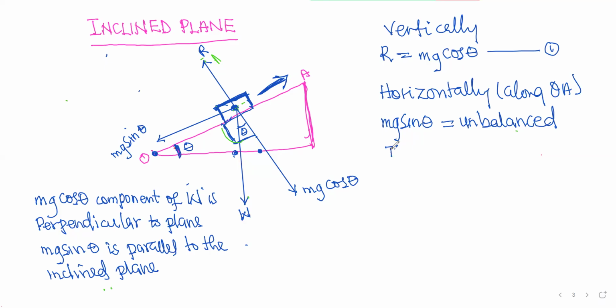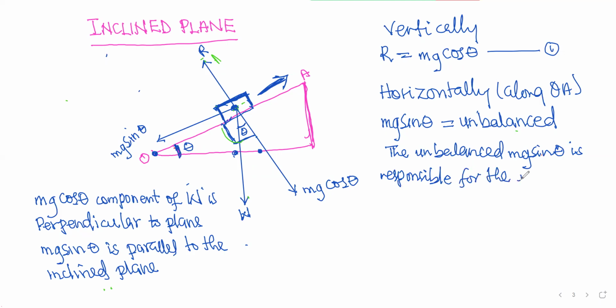So the unbalanced force mg sine theta is responsible for the acceleration of bodies down an inclined plane.